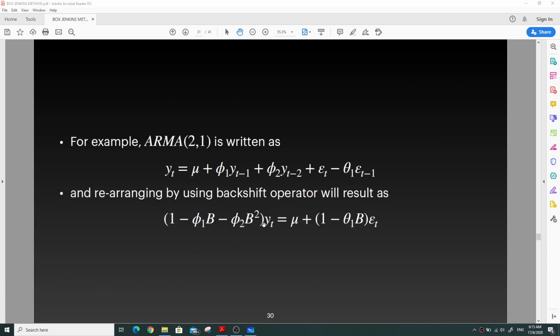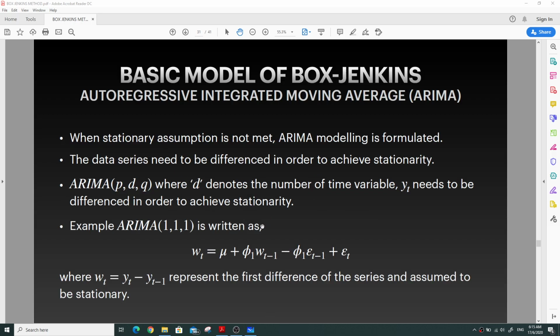So for the past models, we assume that our original series is already stationary. What if our series is not stationary? When our series is not stationary, we need to perform differencing in order to make sure that our series is stationary.